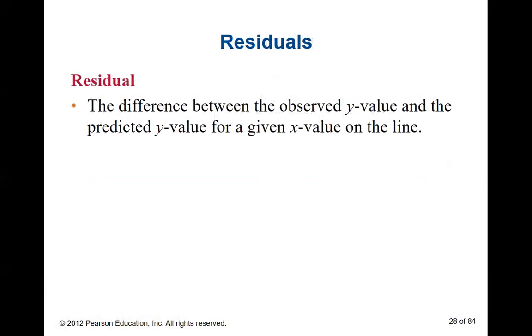So what you would need is something called the residual. It's the difference between the observed Y value. So let's say I actually have some data points, some ordered pairs. I would take the Y value that goes with the point that's in my data, and I would compare it to what the Y value is on that line of prediction.